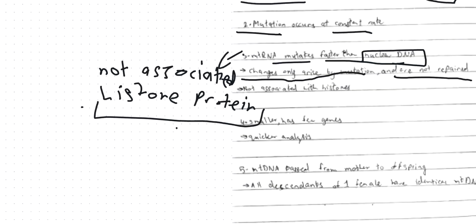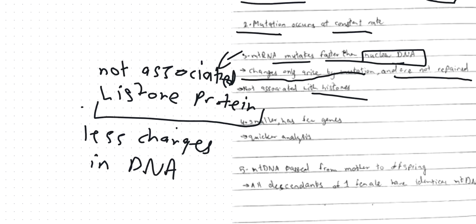But mtDNA is not repaired because it doesn't have histone protein. And this is good because this means that there will be less changes in the DNA structure. So we can figure out if they share a common ancestor or not.